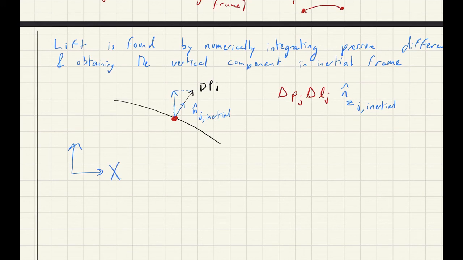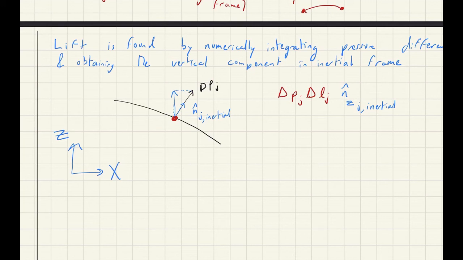So I'm going to put big X and big Z. All right, so to go over this again, this is differential in pressure across panel J or across bound vortex J. This is the length of the panel, and this here is the normal unit vector, or the component of the normal unit vector in the Z direction in the inertial frame at J.